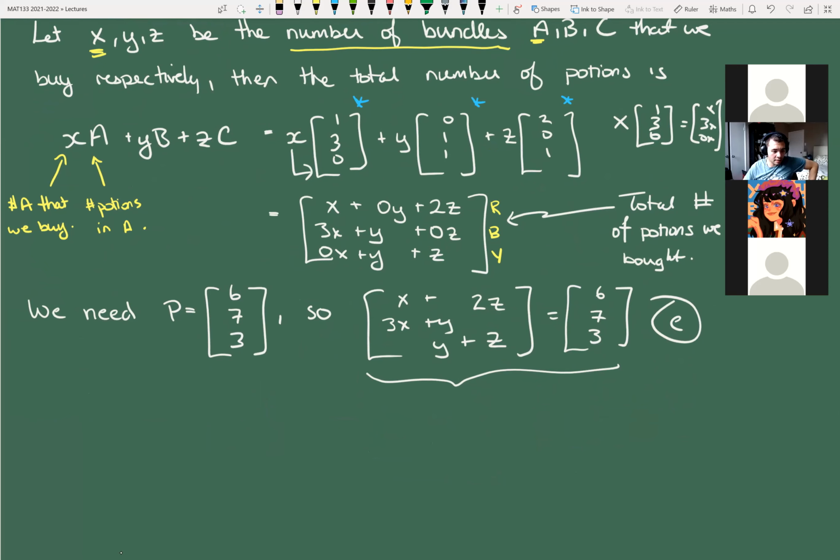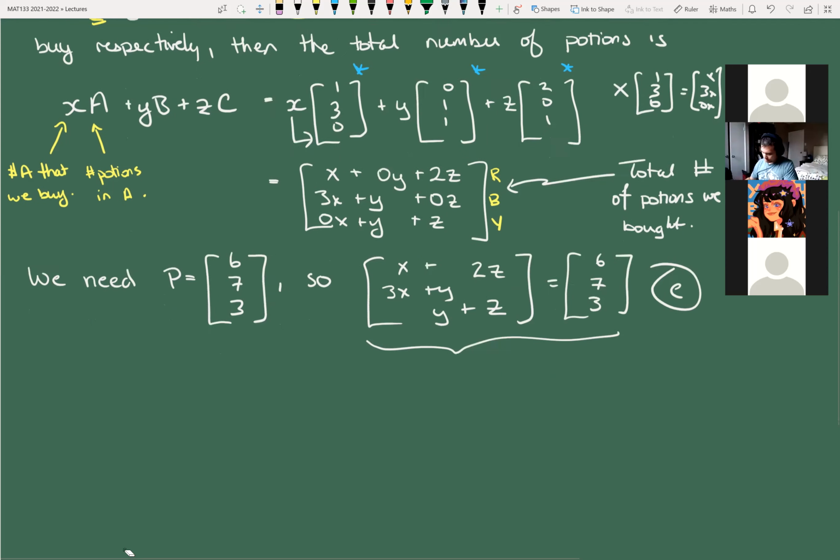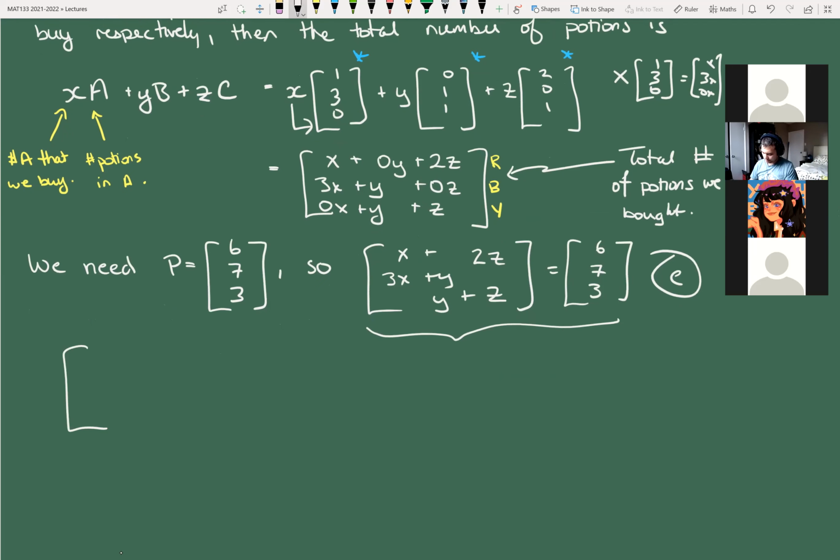The thing inside the brackets is, well, maybe I should elaborate on this a little bit more. Two vectors are equal if and only if their components all line up.